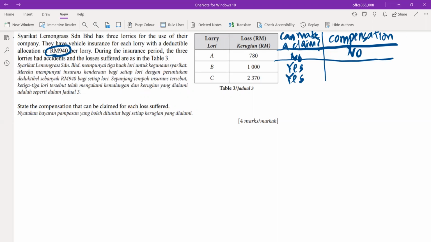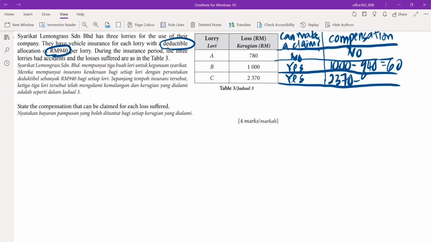Because you need to know the deductible allocation is 940. This one hasn't reached it. So that's right. Compensation, of course, you deduct: 60 ringgit. So this one is also 2370 minus 940. This one you have to know deductible insurance is like that, 1430.